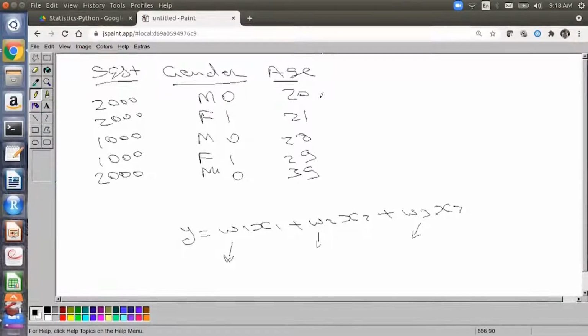So square feet, gender and age. Suppose I'm going to buy a house. Is gender important when you purchase a house or sell your house to someone? No. Correct. Is age important? No. Is square feet important? Yes, it is important.